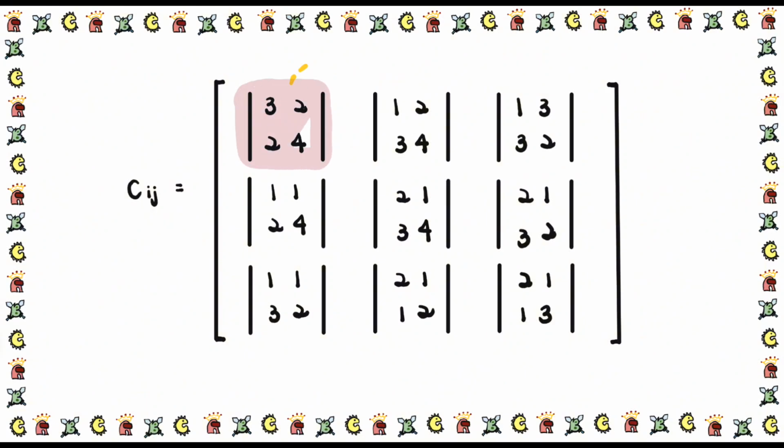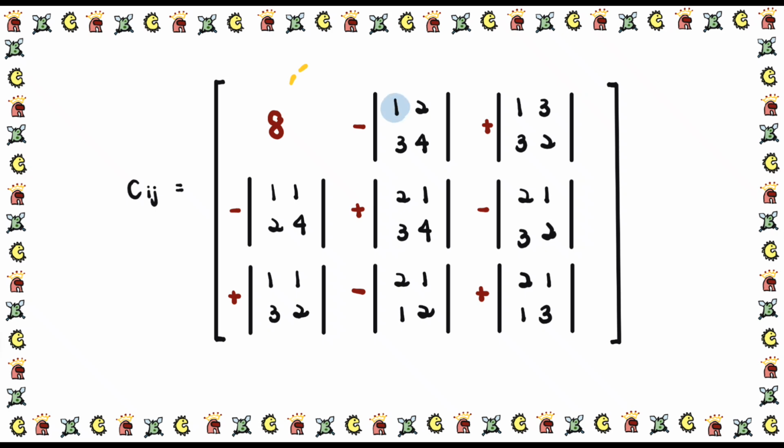Don't forget that the signs would be positive, negative, positive, negative, positive, negative, positive, negative, positive. So 3 times 4 minus 2 times 2 is 8, which is our C11, and then negative 1 times (4 minus 2 times 3) would be 2, which is our C12, and the rest of the calculation follows how we do in the first and the second example. Ta-da!